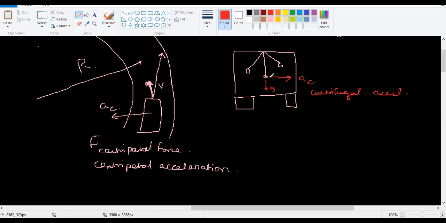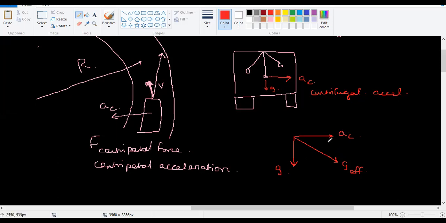object like a pendulum. So when the car is turning this way, it will experience a force system, which means the G is acting this way, the AC is acting this way, which means the resultant, that's what I'm going to call G effective. Remember, G is also an acceleration, this is also an acceleration, which means I can add apples with apples, oranges with oranges.